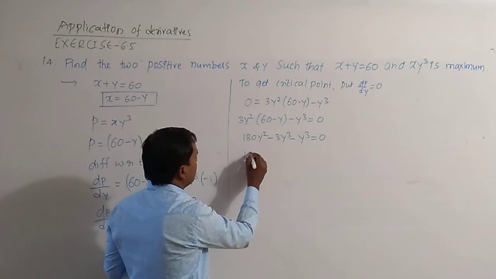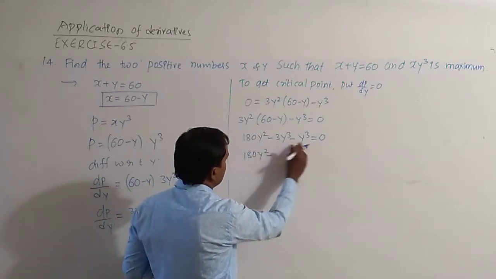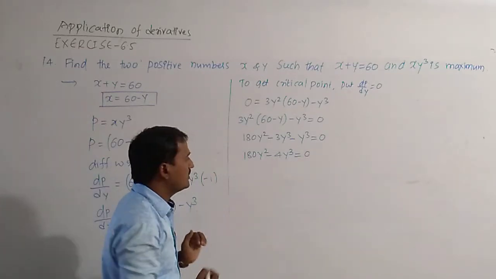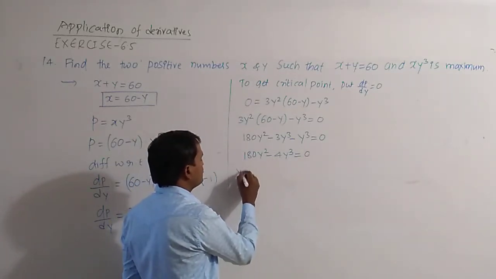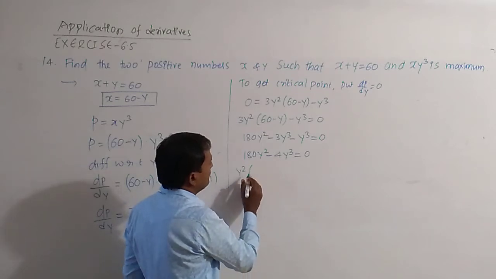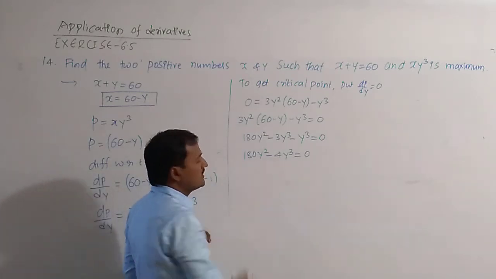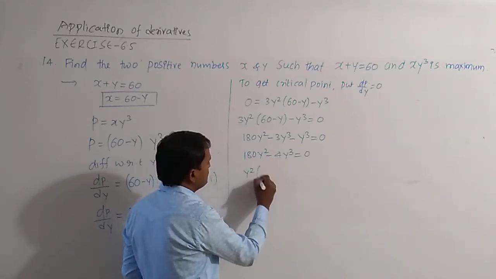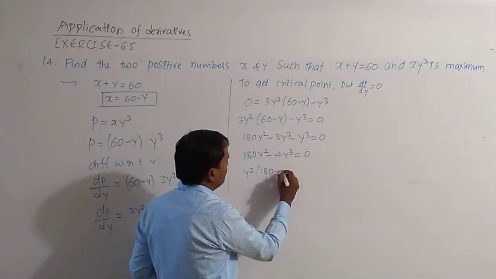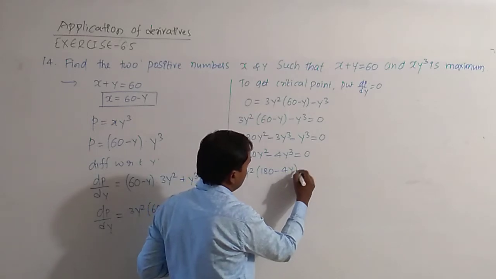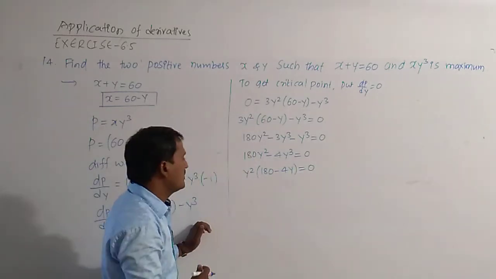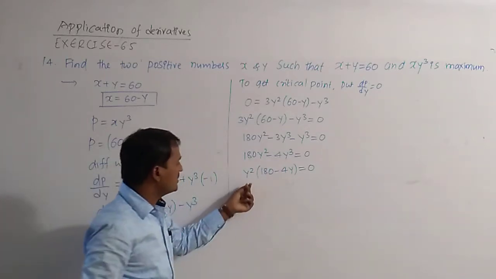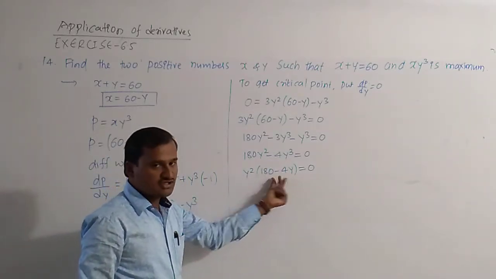Take y square outside, so we are getting y square into 48 minus 4y equal to 0. This is a product, which means either y square equal to 0 or this term equal to 0.